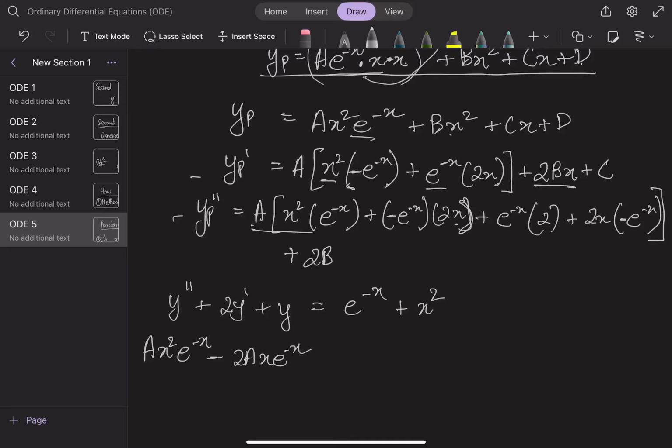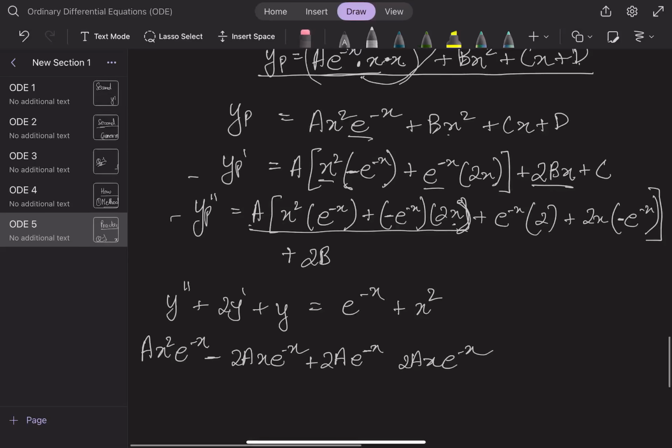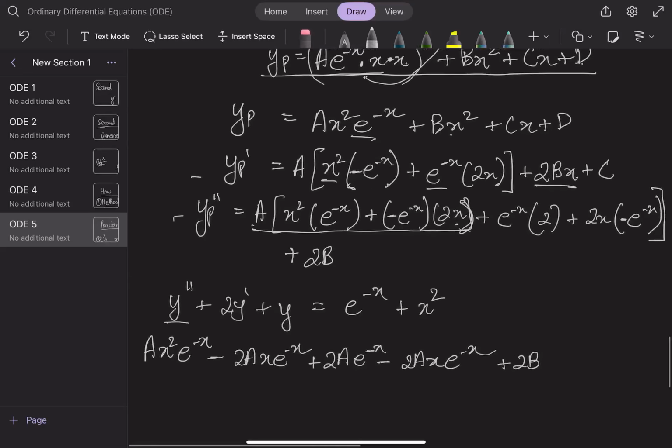I'm just multiplying these terms, plus 2a e raised to minus x plus 2ax e raised to minus x. Again, this is minus, plus 2b. This is your entire y double dash.